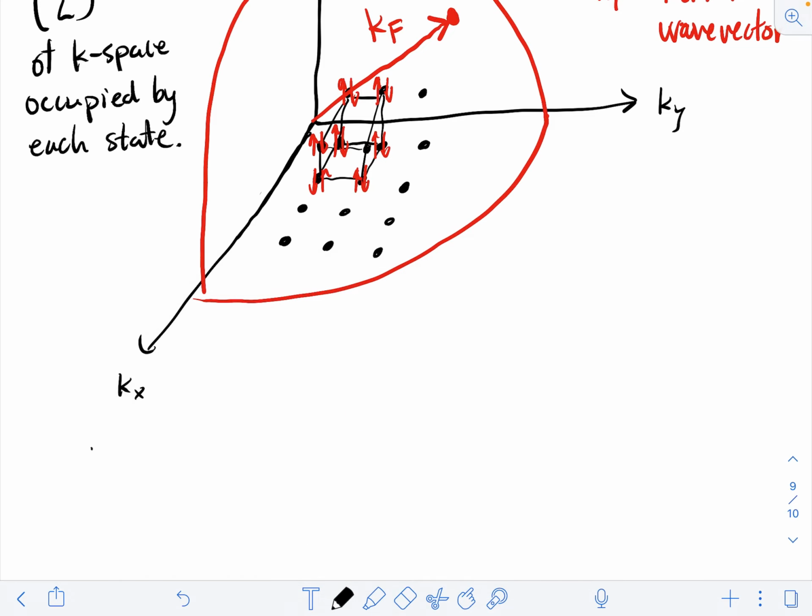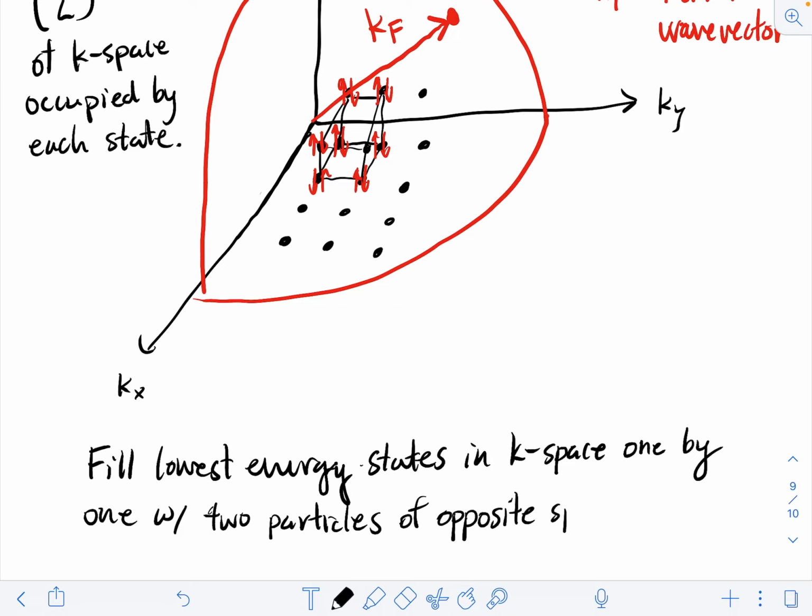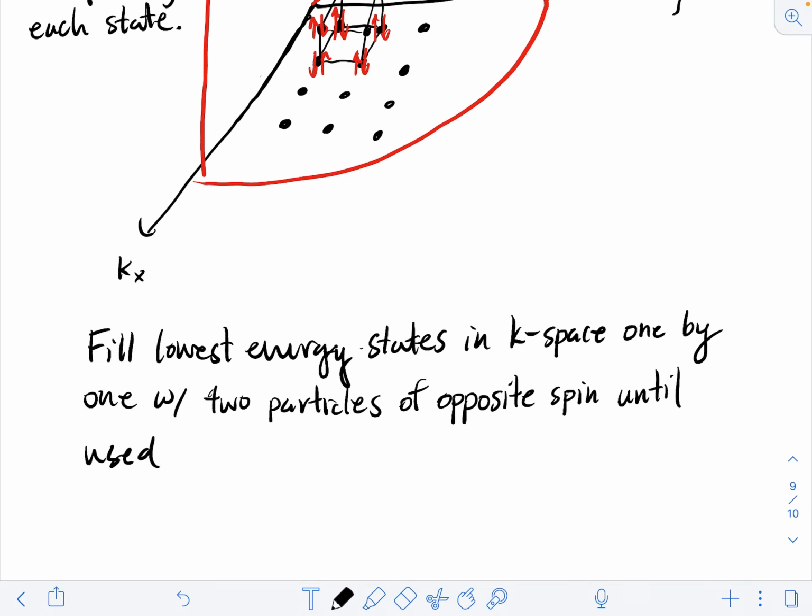And so in words, what we've done is we fill the lowest energy states in this K-space one by one with two particles of opposite spin until we've used up all n particles.